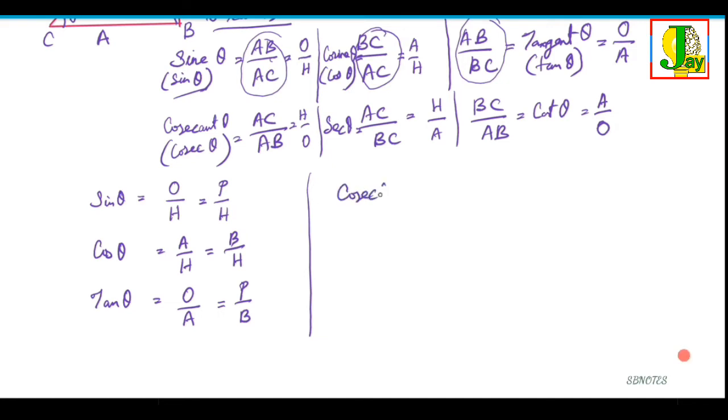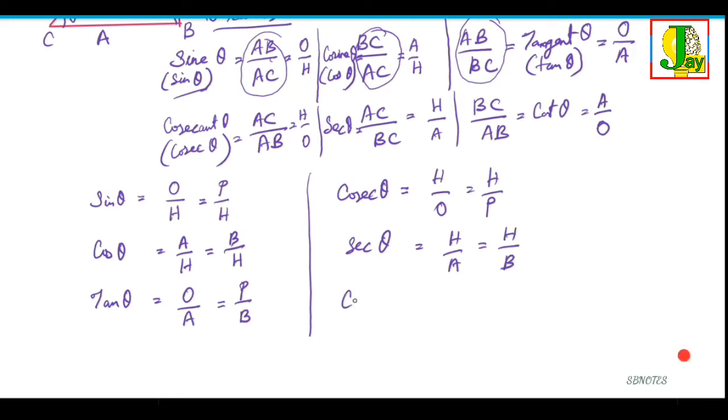Okay, and the inverse of these ratios: cosec theta is the inverse of sin theta, that's hypotenuse by opposite, that's hypotenuse by perpendicular. Sec theta is hypotenuse by adjacent, that's hypotenuse by base.